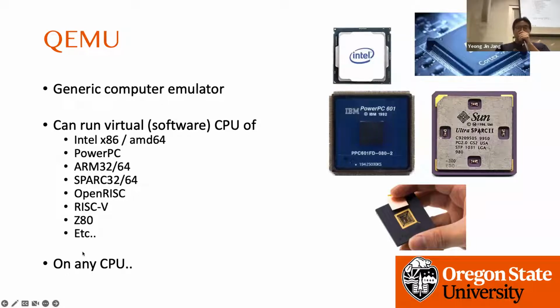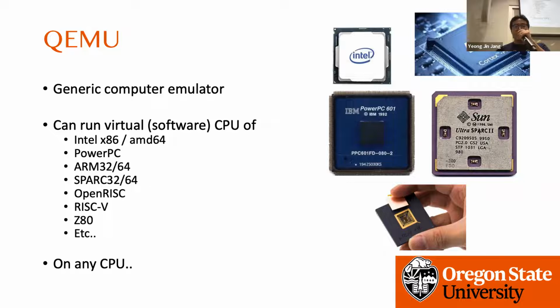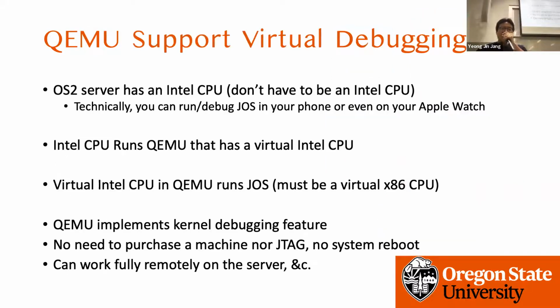And then they implement a virtual software CPU. So actually they are not running instructions on the CPU. Whenever they have this kind of instruction, they call a function to interpret that instruction and then modify the values accordingly in the virtual CPU registers.